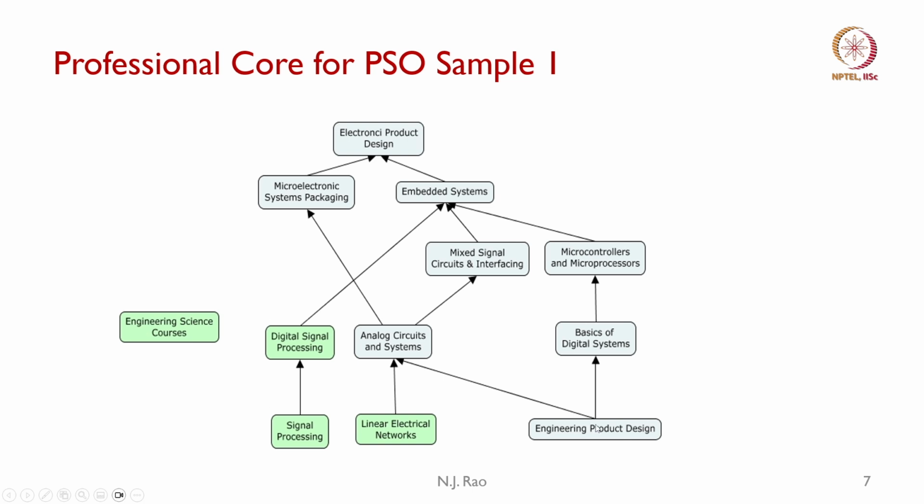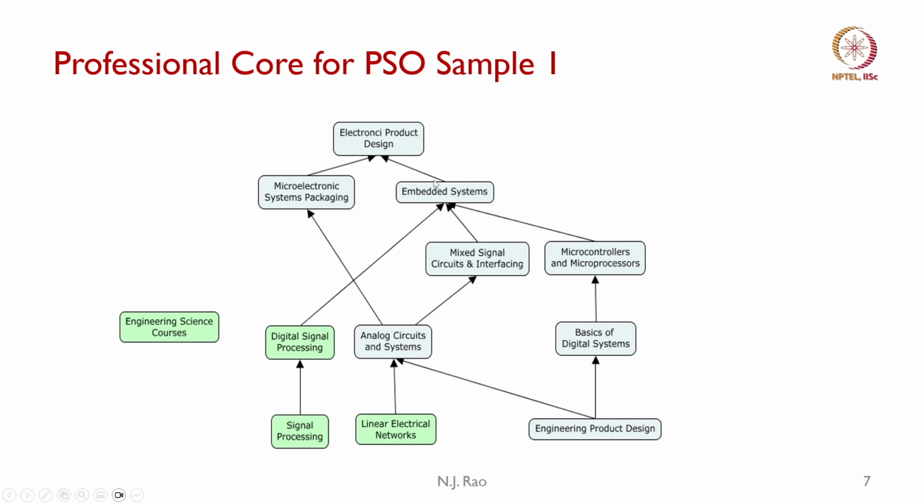So you start with that, and then you have one course on analog circuits and systems, and this is a prerequisite to mixed signal circuits and interfacing, which is predominantly related to ADCs, DACs, and so on. The other branch is basics of digital systems, microcontrollers or microprocessors, whatever name you want to give. That can lead to embedded systems.